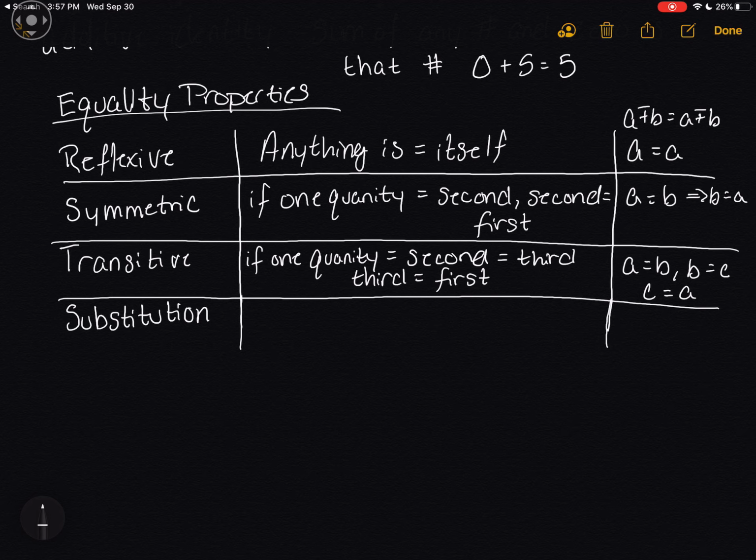So finally we have the substitution property. And a quantity can be substituted for its equal in any expression.